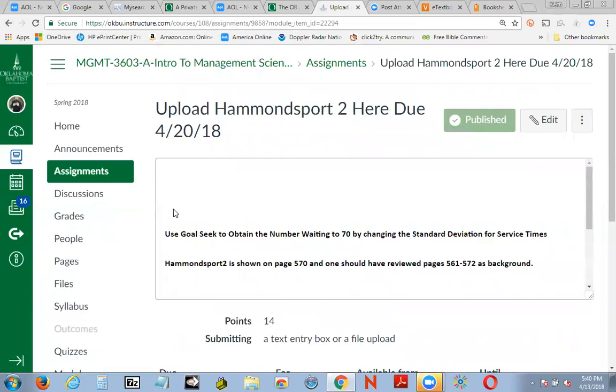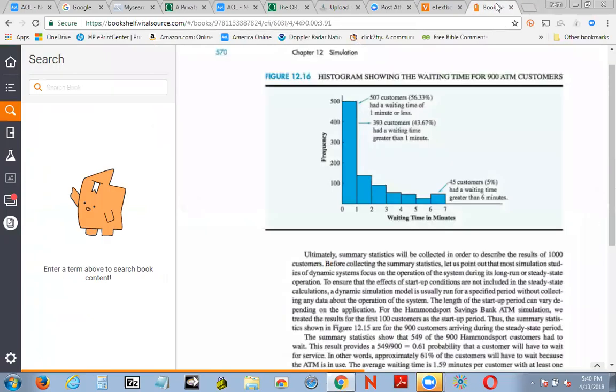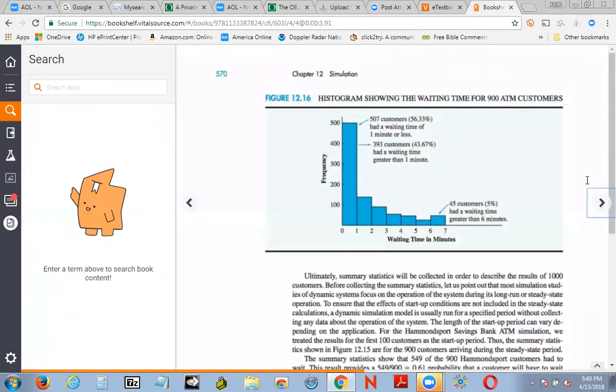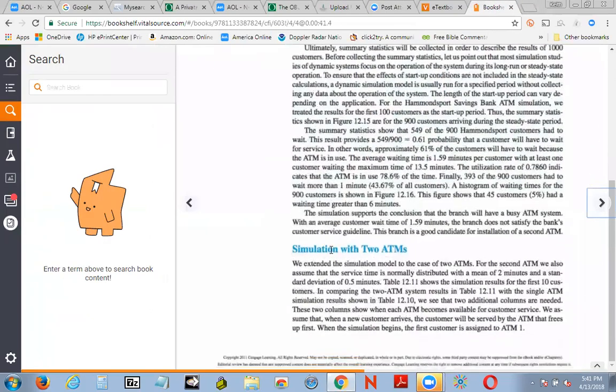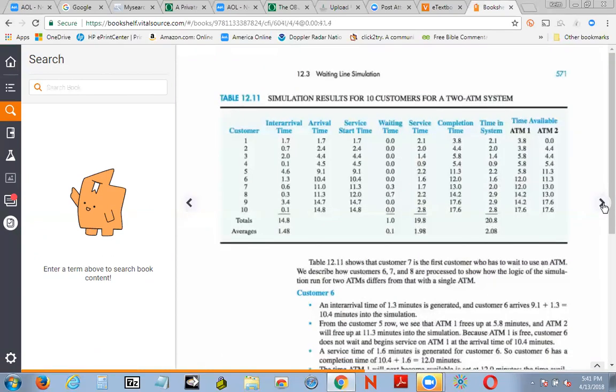And here I am asking you to use goal seek to obtain the number waiting of 70 by changing the standard deviation for service time. So I'm having you manipulate some of those variables as we've done before. Hammond's Port 2 is over on page 570 in the text. And here they begin to talk about simulation with 2 ATMs, not just one.